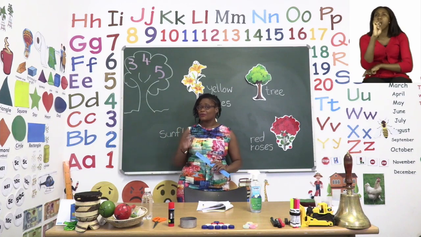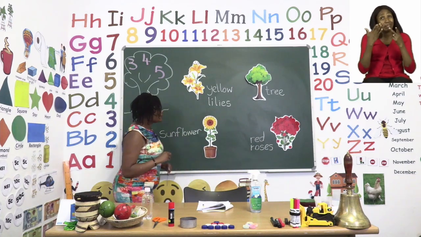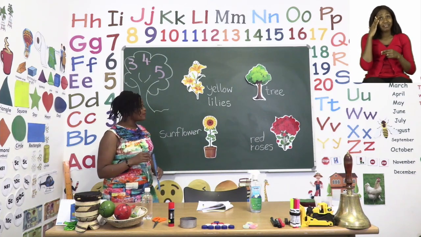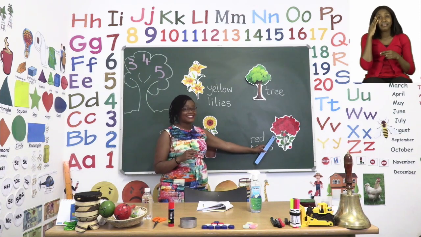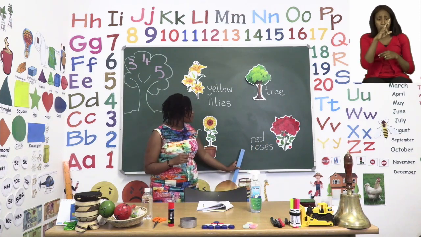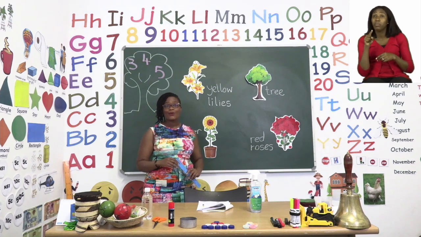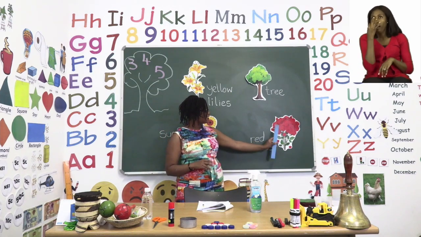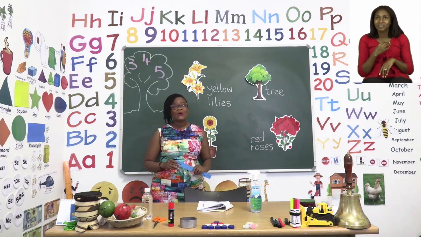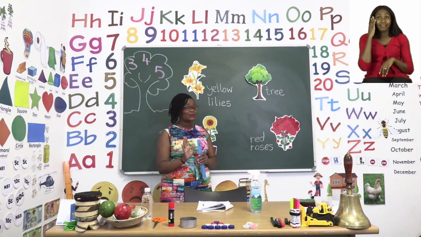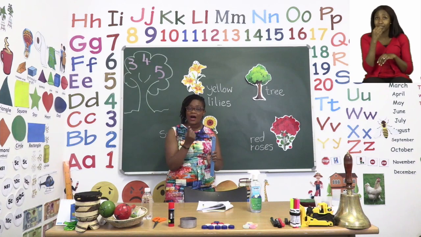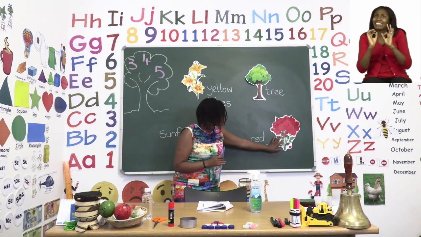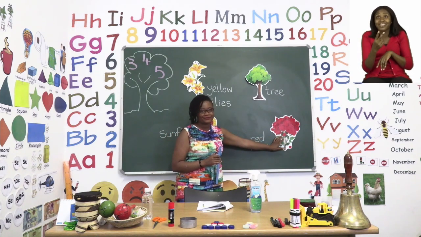The next plant that we might know or that we are aware of are roses. Now these are types of flowers and they are red. So these are red roses. There we go. Now we all know that a rose has a special shape because it curls round inside like these roses here.